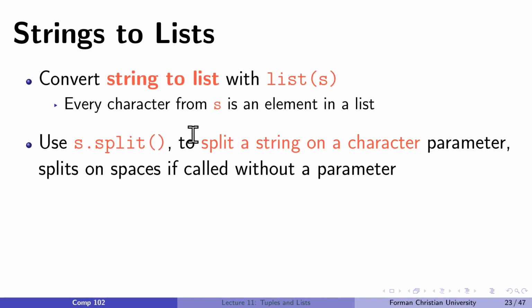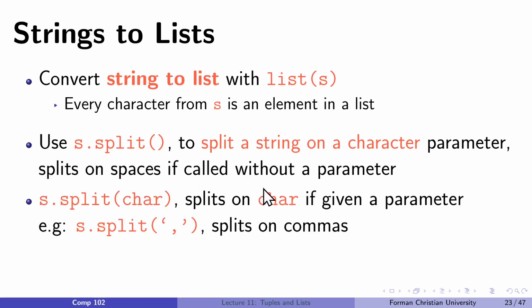By default, it splits on a space, but you can also split on other characters if you like. So here, for example, you can also pass a character. For example, s.split comma is going to split the entire sentence on commas.